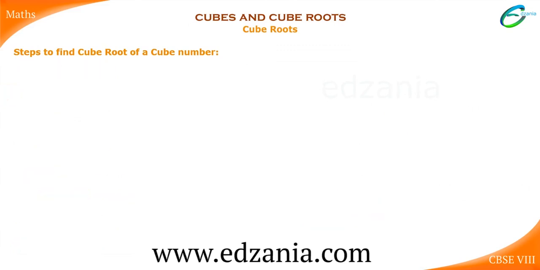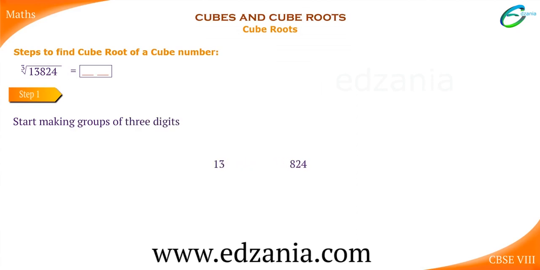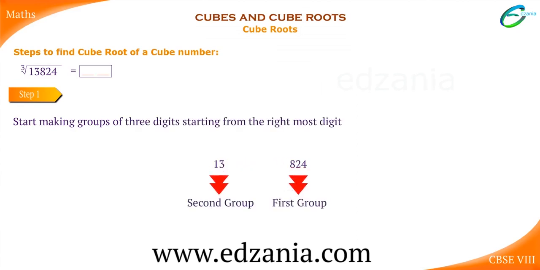For example, we have a cube number which is 13,824. How do we find the cube root of 13,824? We have steps to find the cube root of the number. Step 1. Start making groups of 3 digits starting from the rightmost digit of the number.